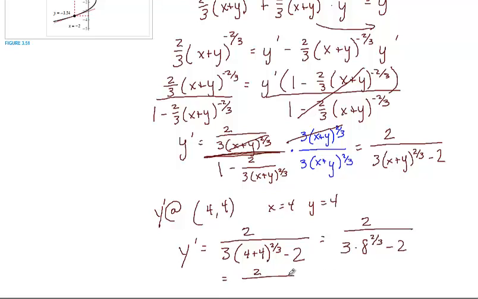So this is going to be 2 over 3 times 4 minus 2. Be 2 over 12 minus 2. 2 over 10. And I did it. It's a fifth. And I'm done with this section.